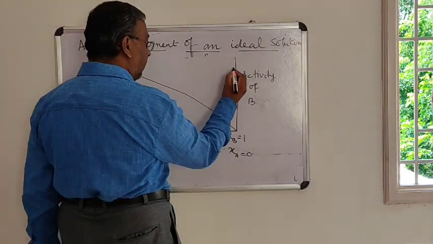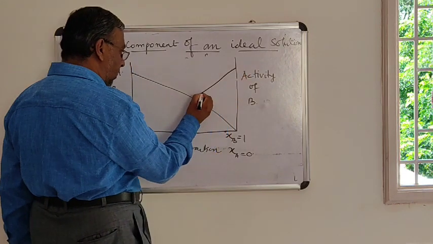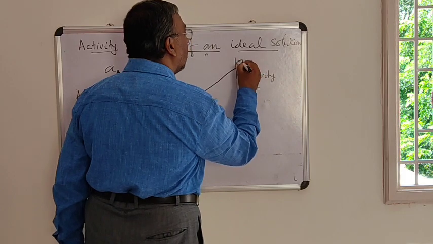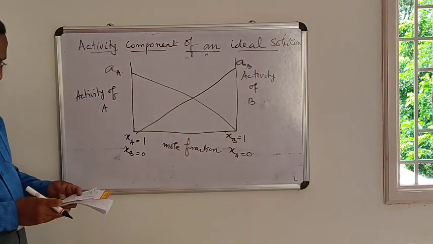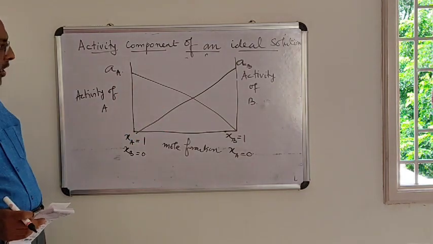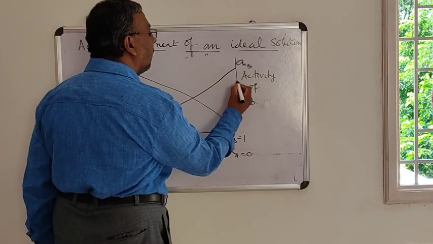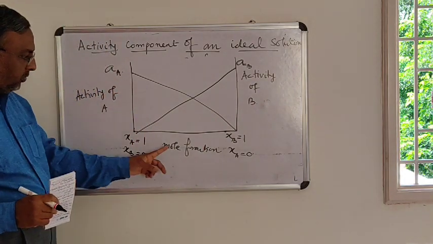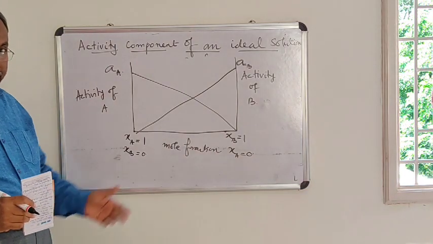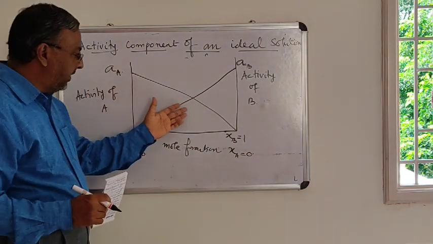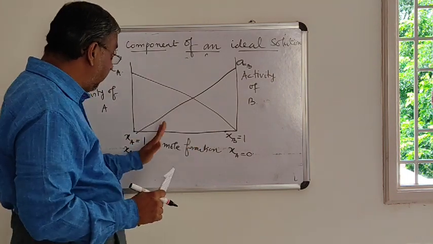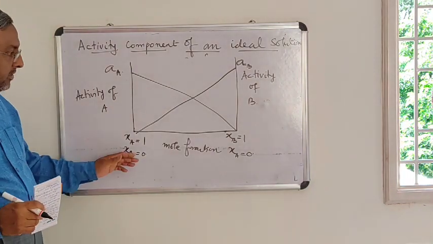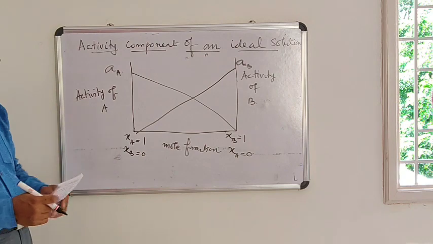Similarly, this is the activity of B. So, this plot shows that the activity plotted against the mole fraction, as in the case of vapor pressure, gives a straight line. This graph shows that in the case of an ideal binary solution, the activity will be equal to the mole fraction.